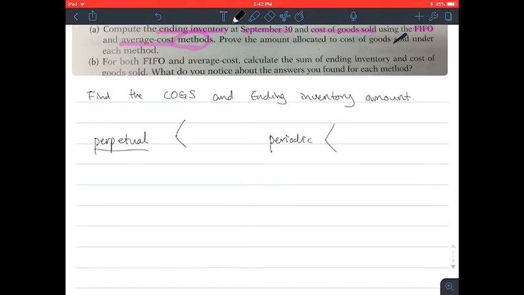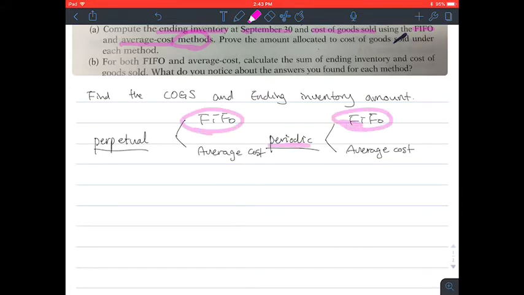One is perpetual and the other is periodic, and both have FIFO and average cost. So we know that FIFO under periodic and perpetual are the same.